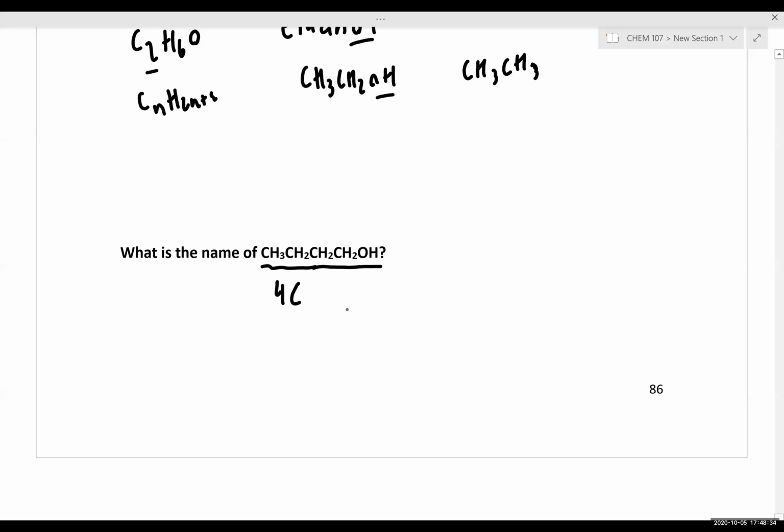So it's of the form C4H10, right? Yes. So it's of the form CnH2n plus 2. So it follows the typical formula of an alkane. So we can use the ANE ending to start.